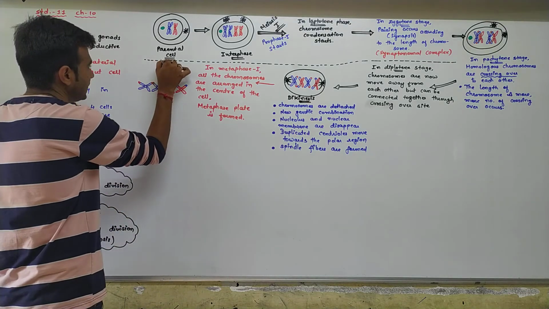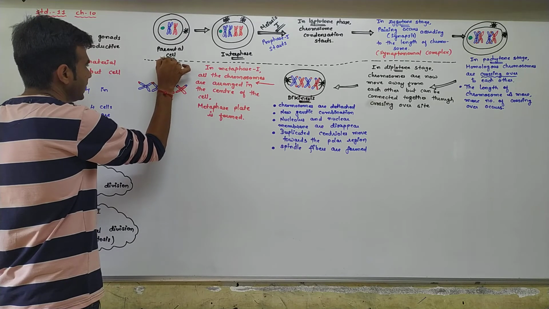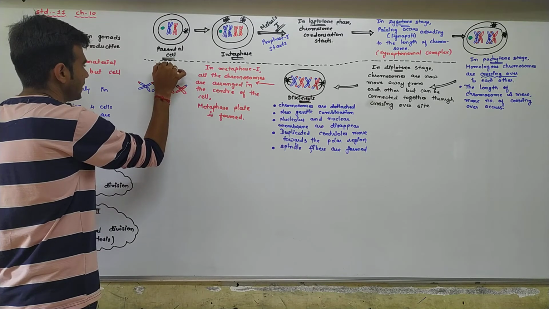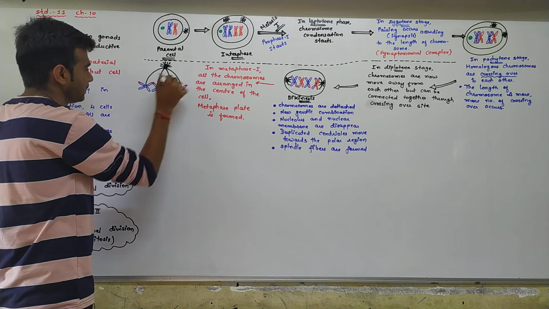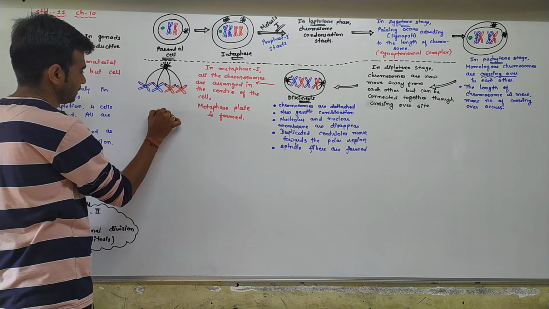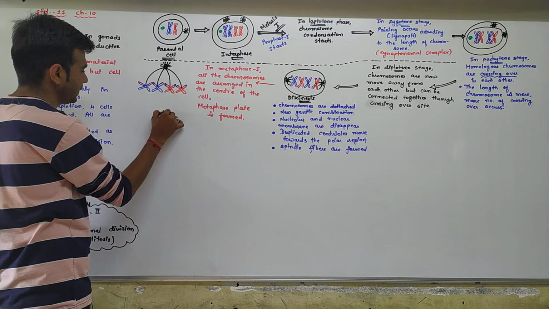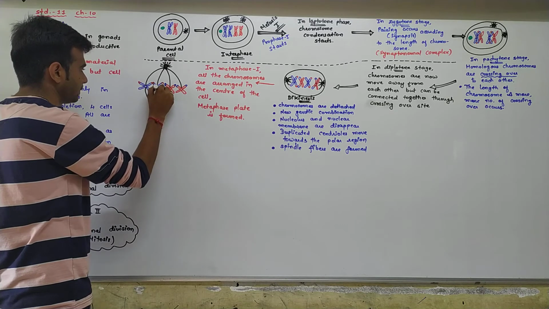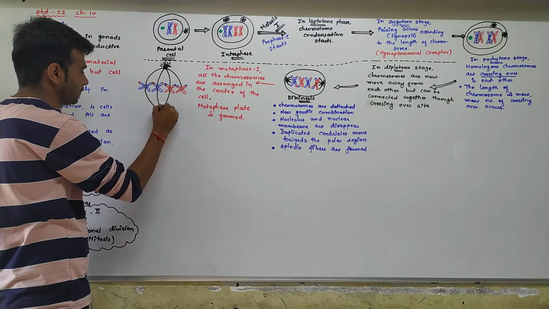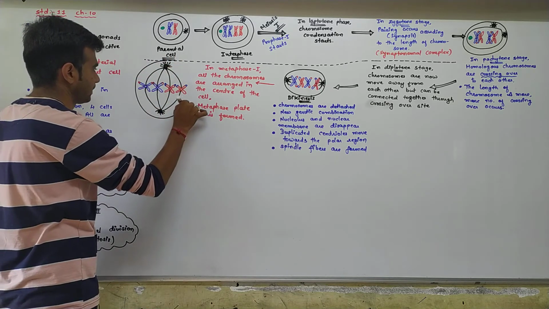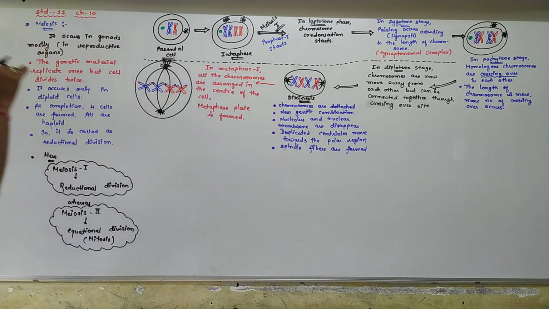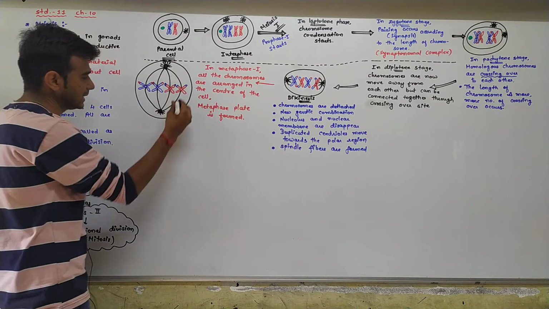Now in the metaphase stage, you know that kinetochores are connected to the spindle fibers. Fine. So all the chromosomes are attached there. Now, so this is the metaphase 1.